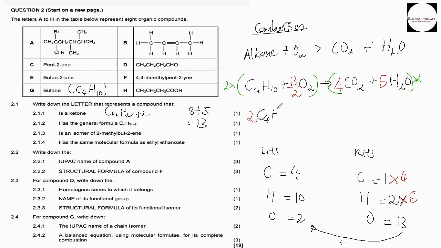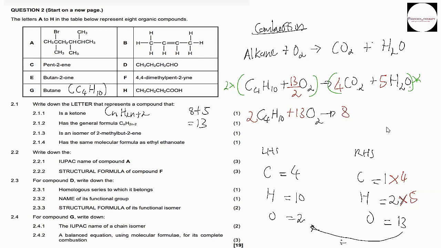This is still C4H10. But if I multiply the 2 and the 13 over 2, I'm left with the 13 there. And this is still O2. Then 2 multiplied by 4, that's 8, so I will have my 8 here.